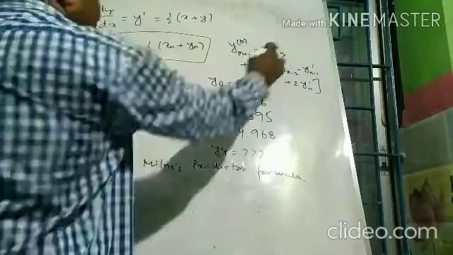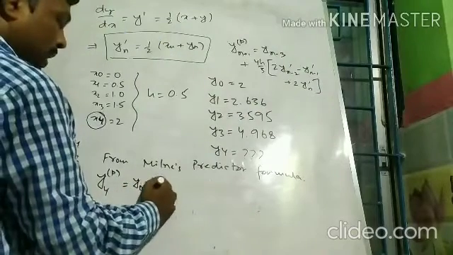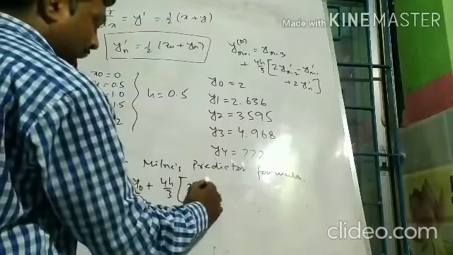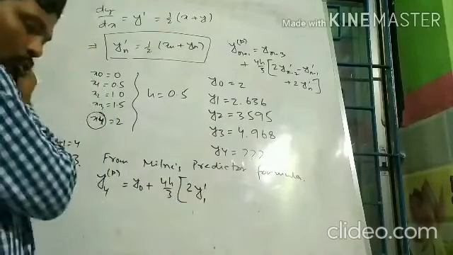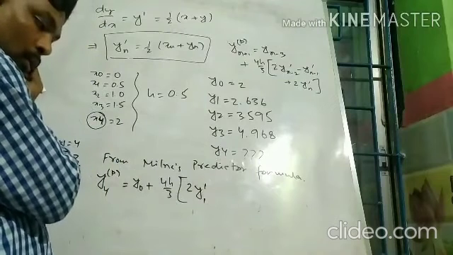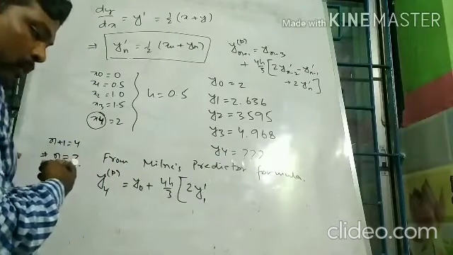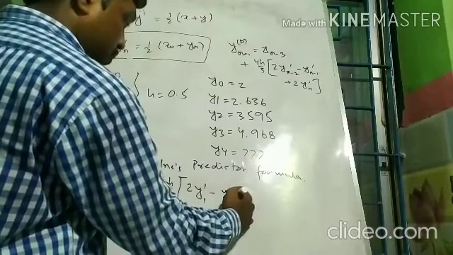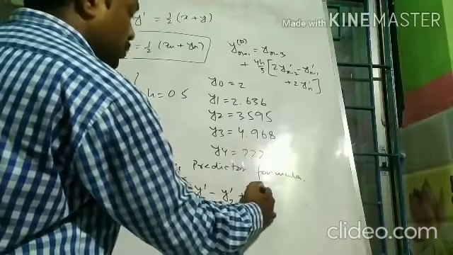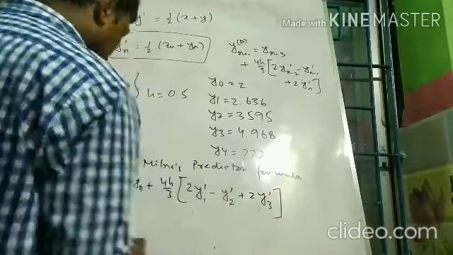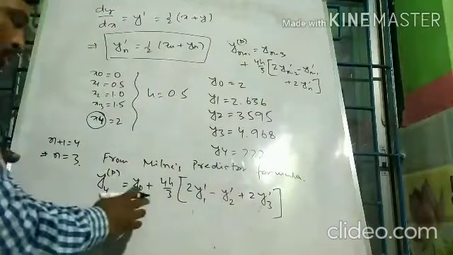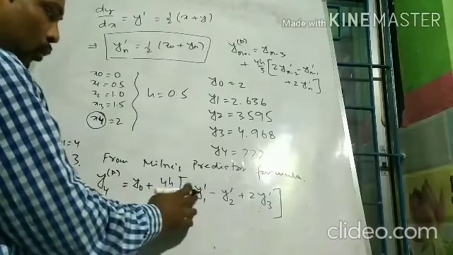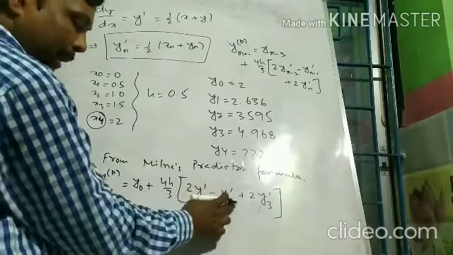So y4p equals y0 plus 4h by 3 times 2y1 prime minus y2 prime plus 2y3 prime.